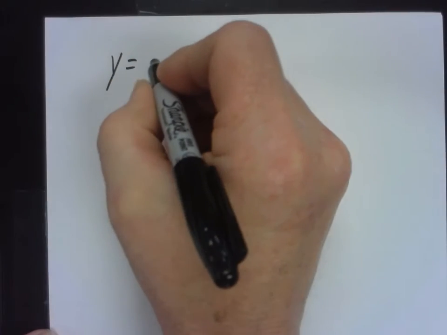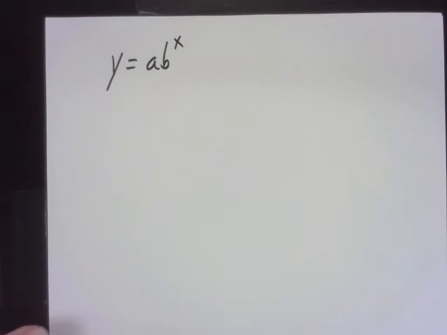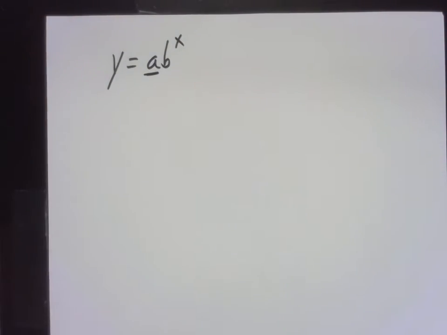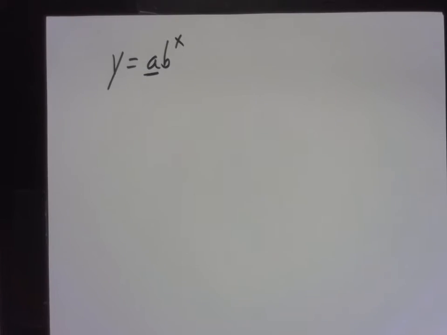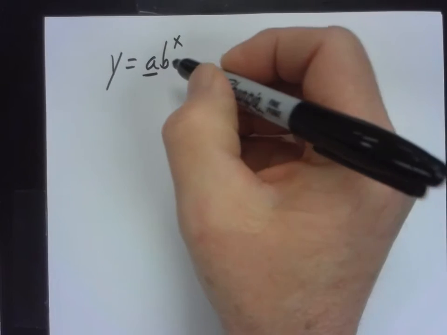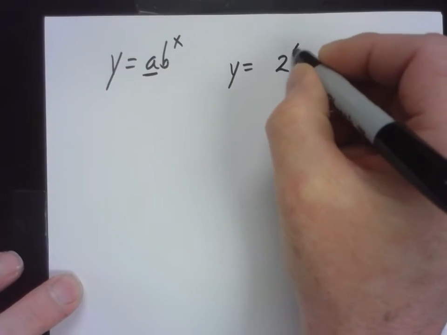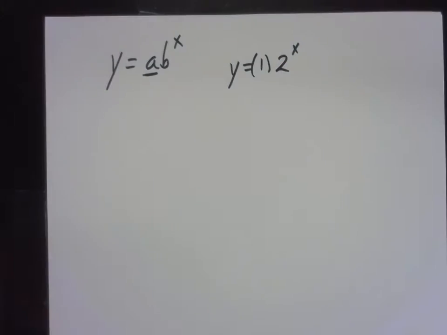So if we think about that, y equals a times b to the x. Remember, this is our initial amount. That's normally where it goes through the y-axis, right? This is our constant factor right here. When I just write y equals 2 to the x, I actually mean 1 times 2 to the x, don't I?